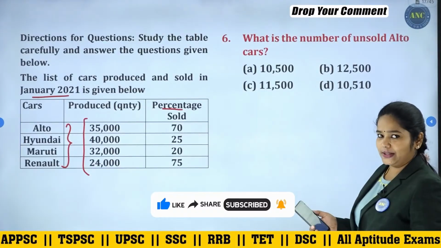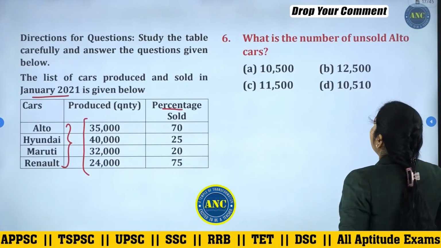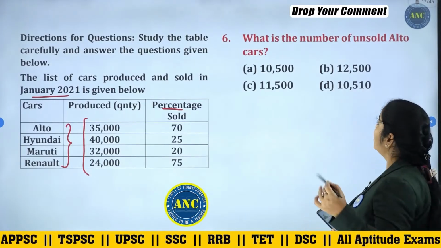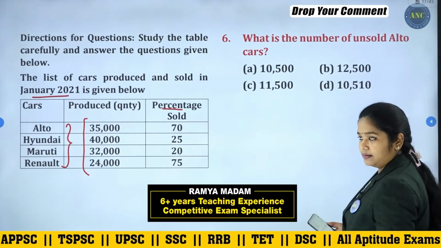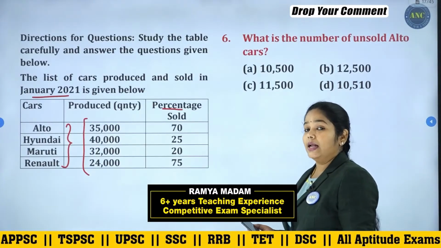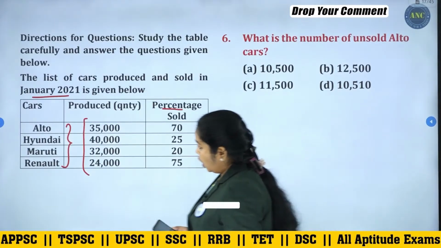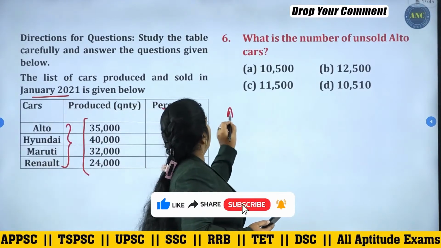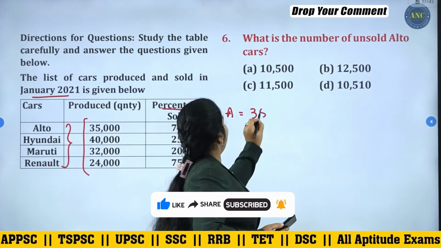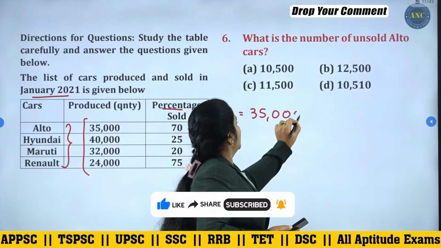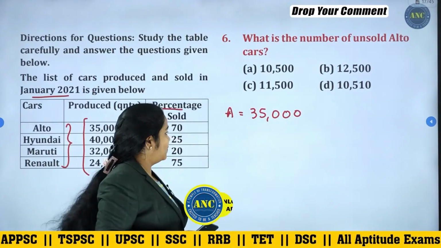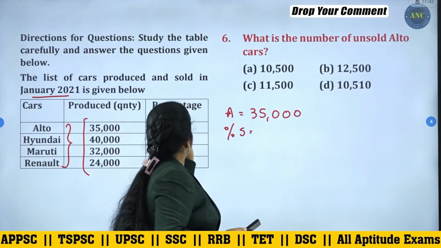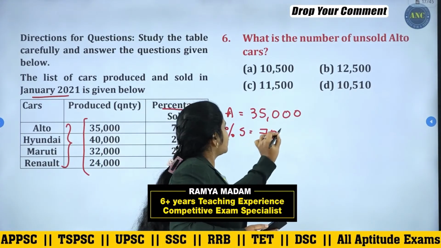Now we will go to the questions. What is the number of unsold cars? Unsold Alto cars. Alto cars are produced in 35,000 number, and the percentage of sale is 70%.